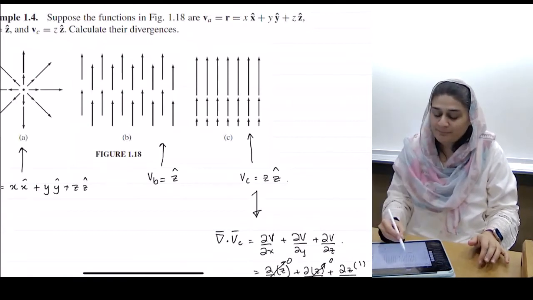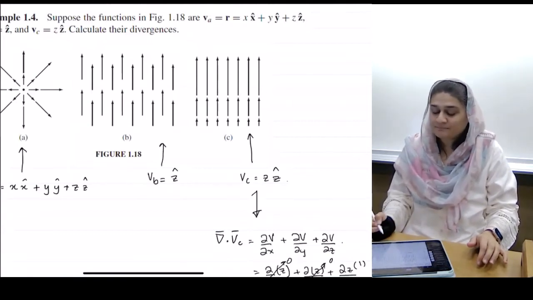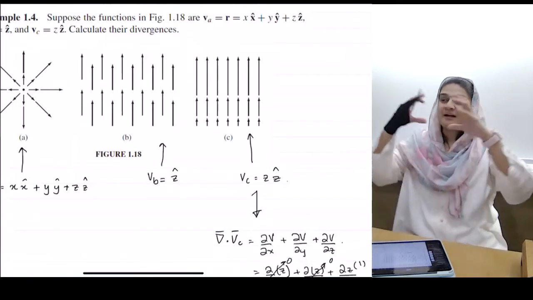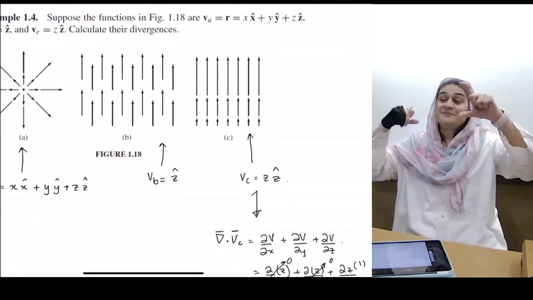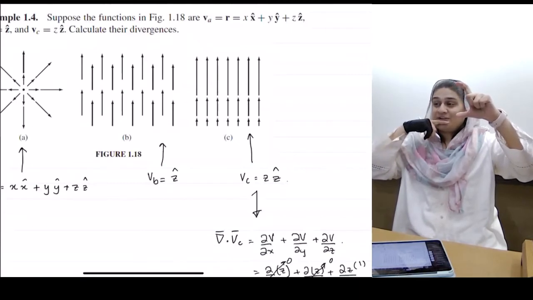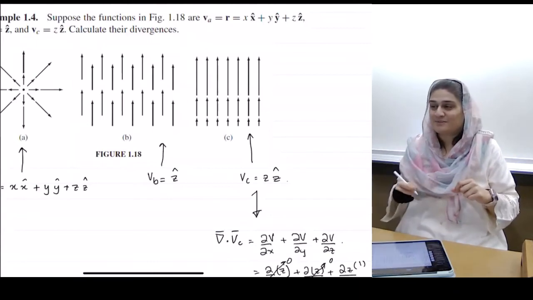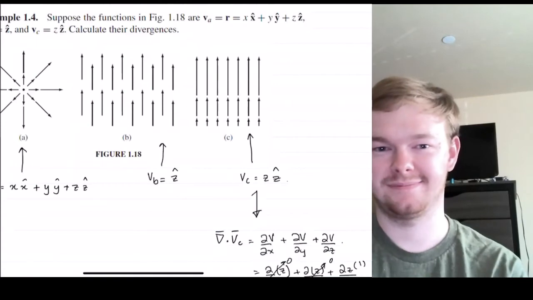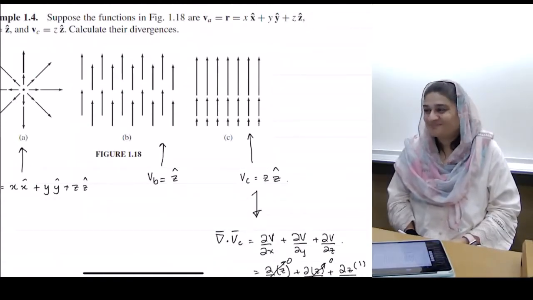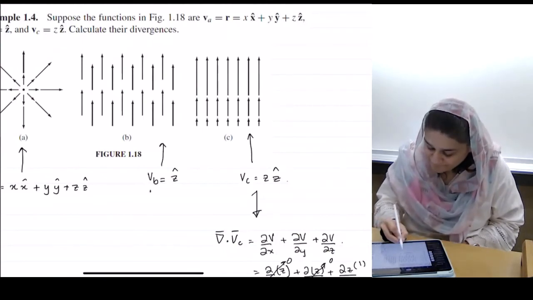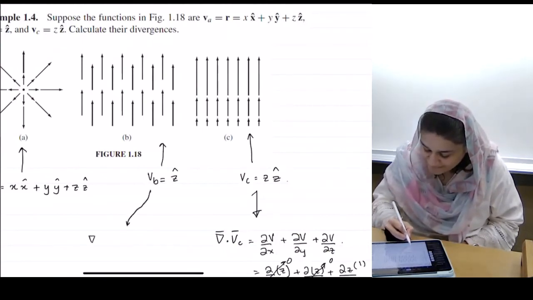Whereas if you look at picture B, are they expanding? Is the direction changing? Are the vectors themselves changing? The magnitude. So what do you expect this divergence to be? 0. Can you prove it? All you have to do is del dot VB.